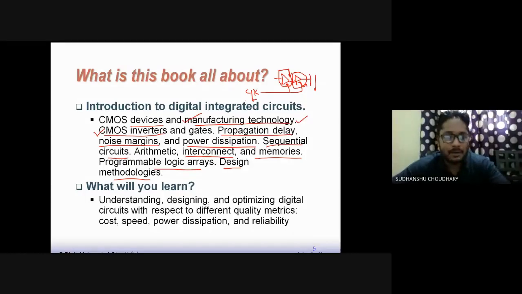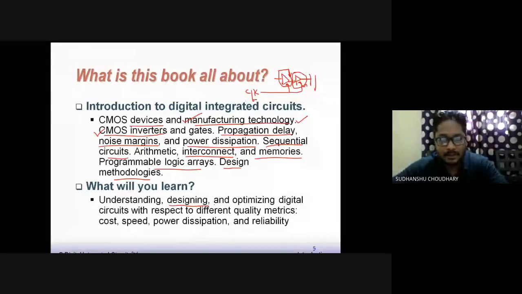Apart from all this, you will also develop an understanding of designing and optimizing digital circuits. Right? So for designing, you will be given some performance metrics.